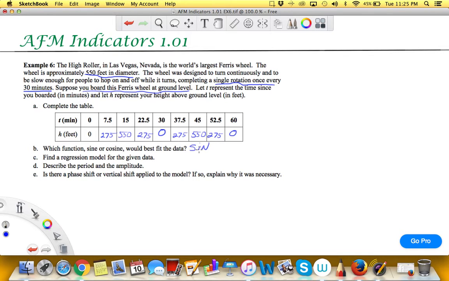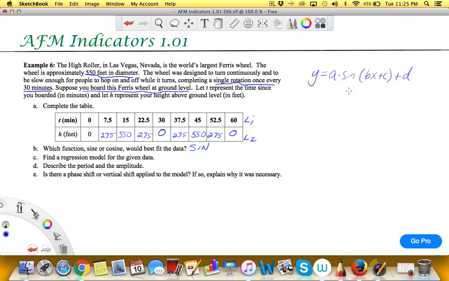Now, part C says find a regression model for the given data. So we have to go in and plug these values into L1, and these values into L2. When I plug in these values, the calculator tells me y is equal to a times sine of bx plus c, and then plus d.